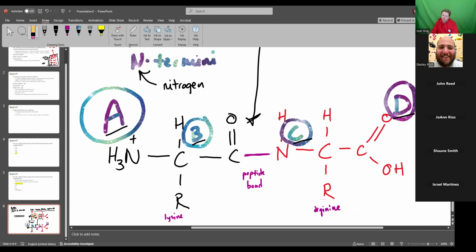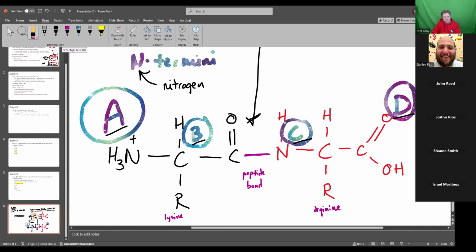Now, if I were to change the question and say, all right, I've put this molecule together, which of A, B, C, or D is nearest to my peptide bond? Well, my peptide bond is in purple. A, that's a free nitrogen. That's our N termini, so that's kind of out.